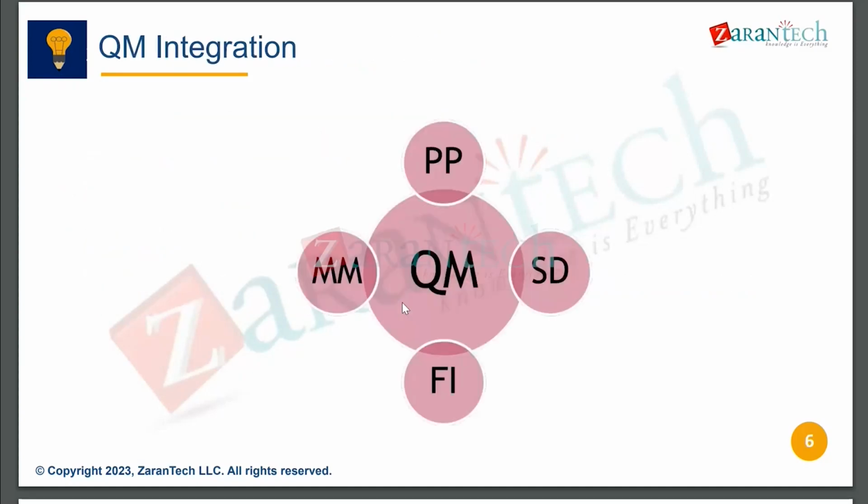So this is the integration with QM. Quality management is a module integrated across modules like materials management. Whenever you're procuring a material, we have specifications, like this chemical has to have a pH value of 5, or the color should be white. For example, if you're procuring any material, quality will check whether the material procured from the vendor is as per our specification or not.